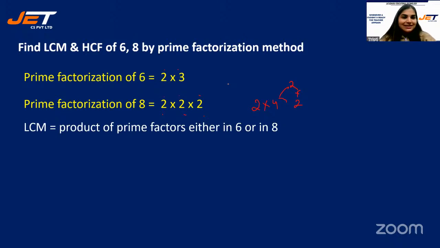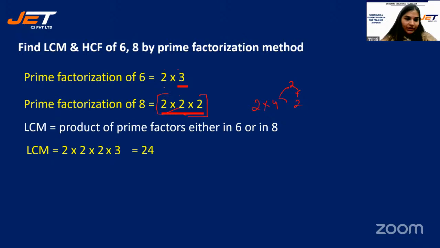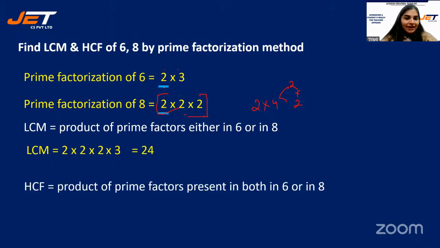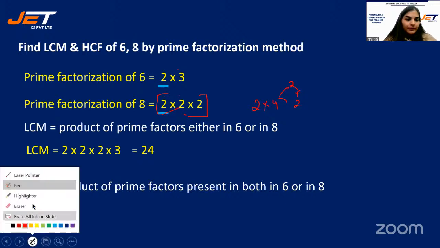What is LCM? LCM is the product of prime factors present in either 6 or 8. So 2 is occurring maximum thrice and 3 is only once. So I have taken 2 times 2 times 2 times 3. So LCM is 24. But if I talk about the HCF, it should be present in both.